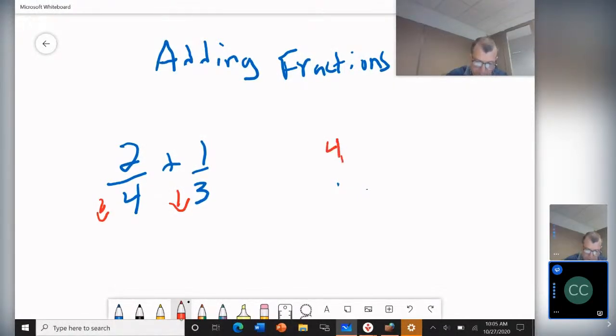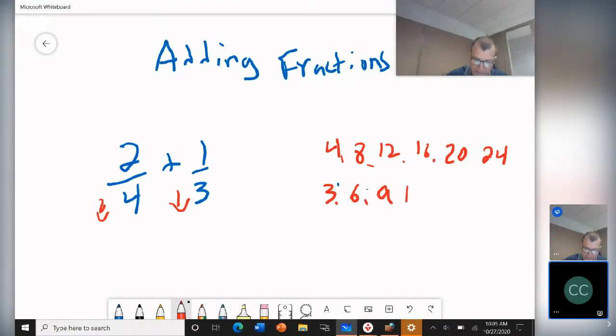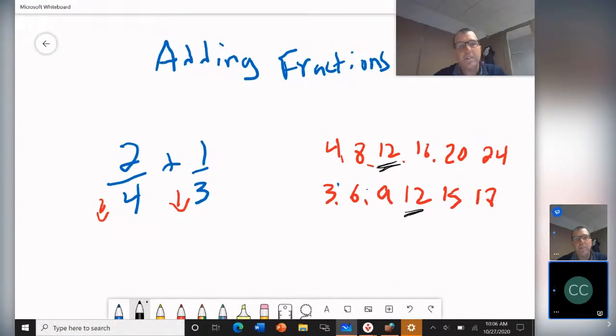We'll have 4, 8, 12, 16, 20, 24. And for 3: 3, 6, 9, 12, 15, 18. All right, so we see 12 is the smallest number that both 4 and 3 go into.